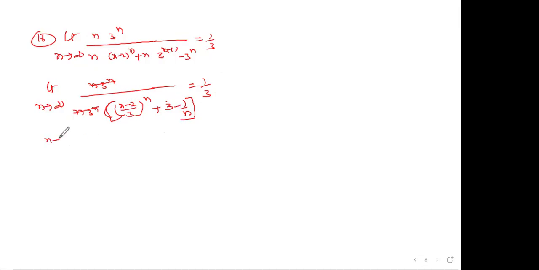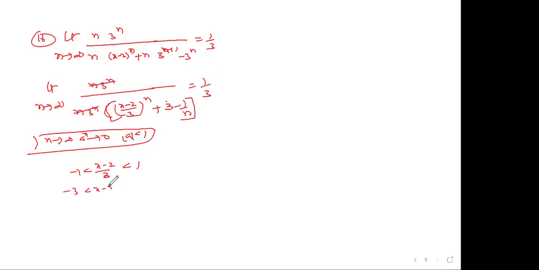When n tends to infinity, a to the power of n tends to 0, provided a lies between, mod a is less than 1. There's a rule, no? By using that rule, here I can write x minus 2 by 3 lies between minus 1 and 1. If you multiply with 3, it will be in this form. Add 2: minus 3 plus 2, x, 3 plus 2.